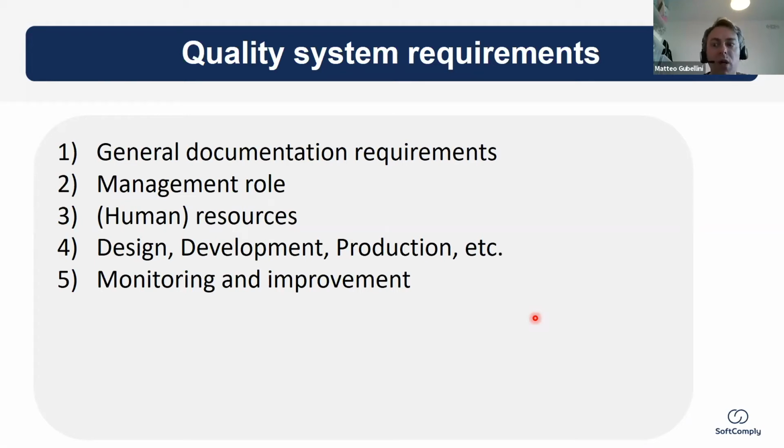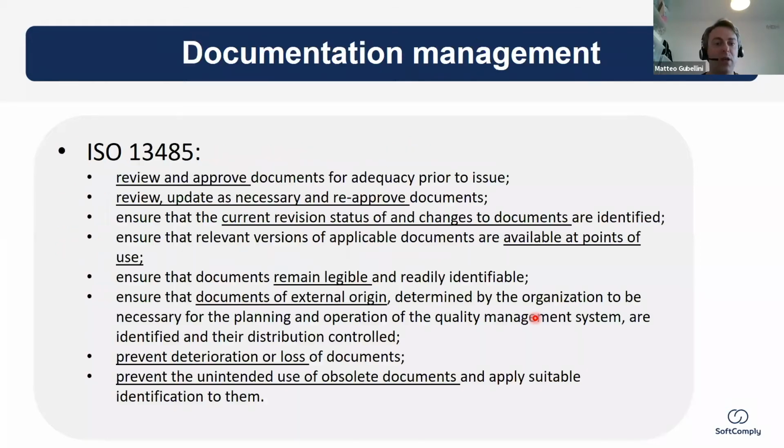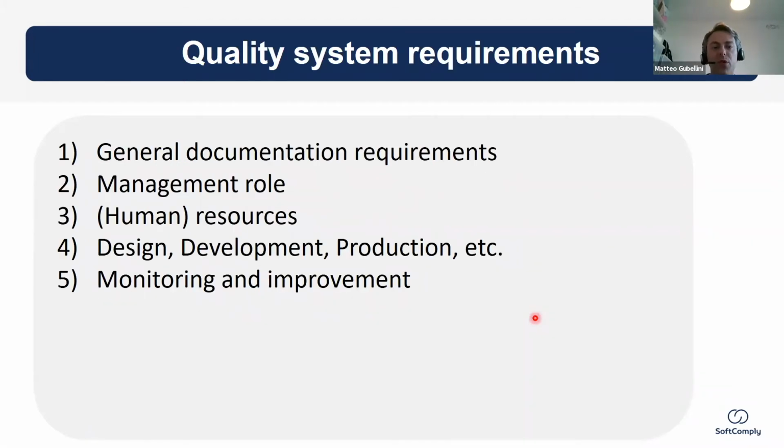They are ultimately responsible for what happens at any level of the company. There are requirements about resources, including human resources, but not necessarily only human resources. There are requirements around how to design, develop, and manufacture, if applicable, a product. And there are requirements on monitoring the system and the product, and the improvement of the product and the system.